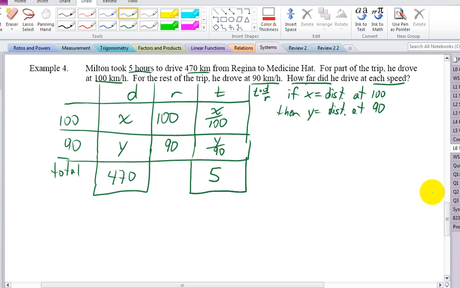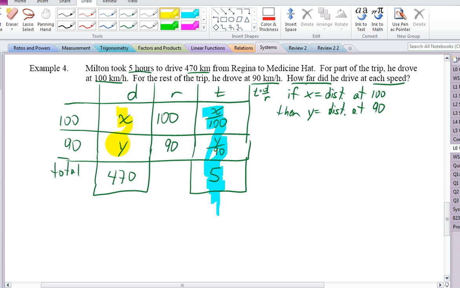So, if you're looking at this top line right here, do you have an X and a Y in that line? No. Do you have an X and a Y in this line? No. So those can't be our equations. Our equations now go vertical. Do you have an X and a Y in that line?